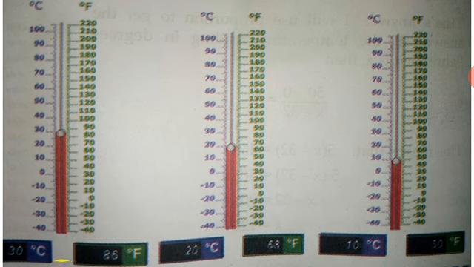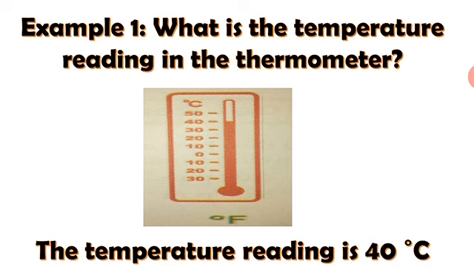So it is 30 degrees Celsius and 85 degrees Fahrenheit. Next, you can see 20, then its corresponding Fahrenheit is before 70, so estimated as 68. So that's how we read a thermometer.